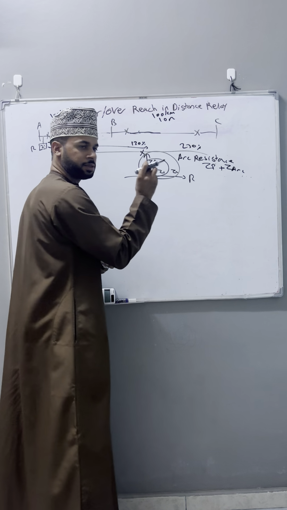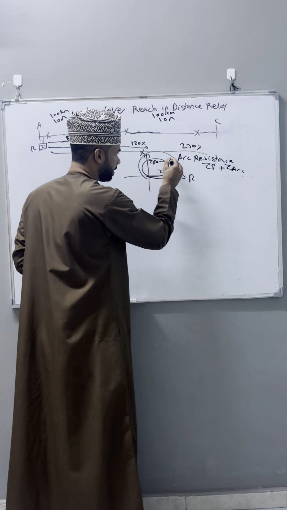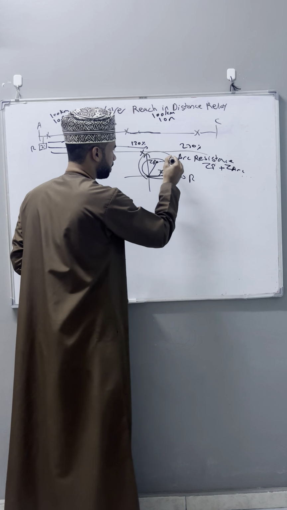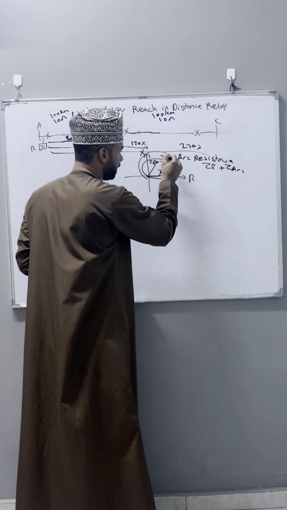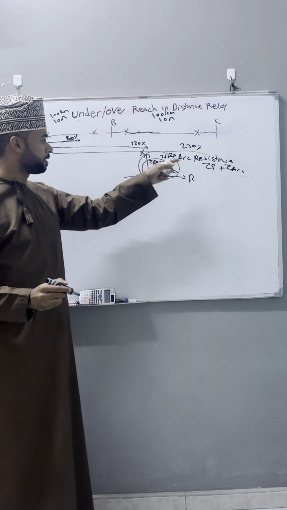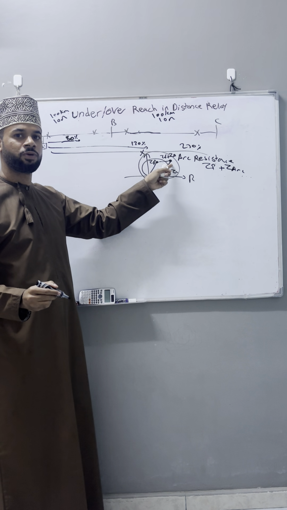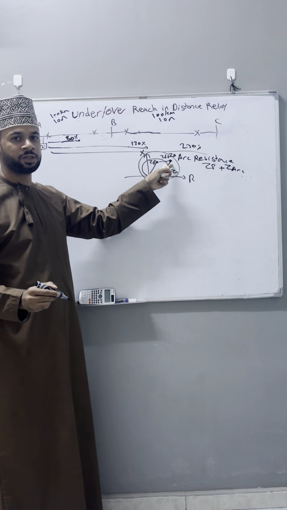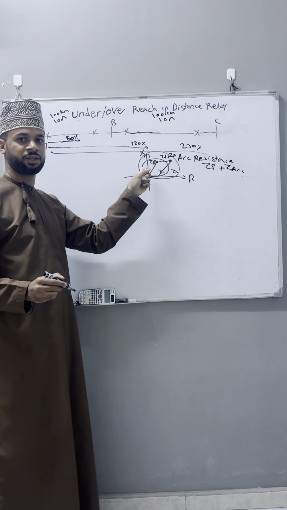Due to this, the relay will see the fault here, for example in zone 2, like this. So this will be Z fault plus Z arc. Due to this Z arc, the distance relay will see the fault in zone 2, so the relay will operate in zone 2 instead of zone 1.